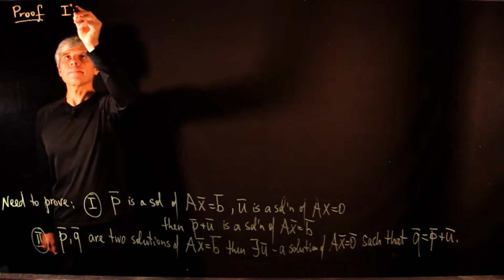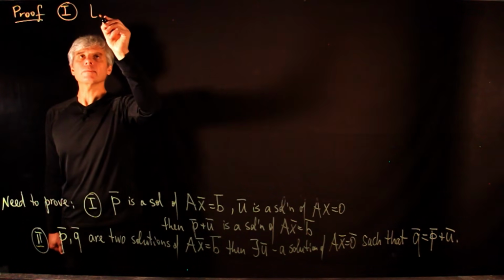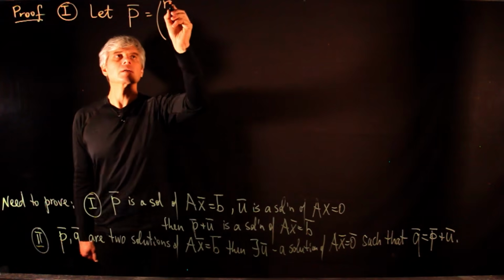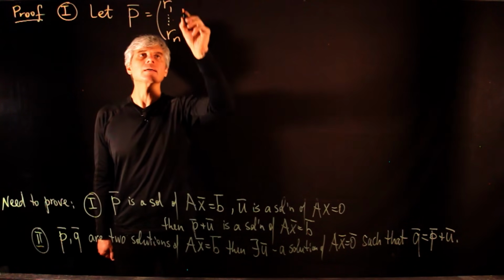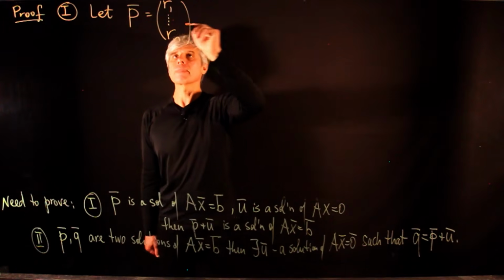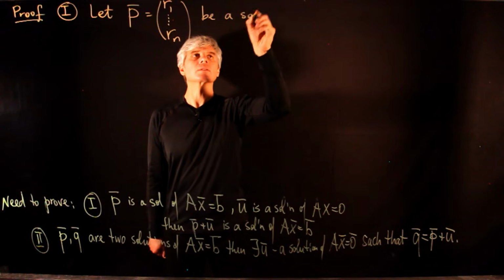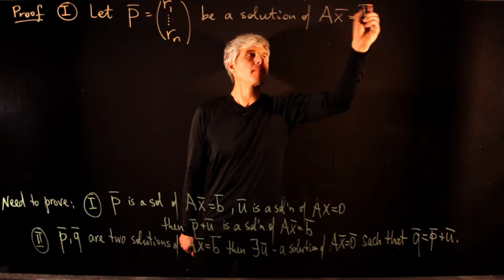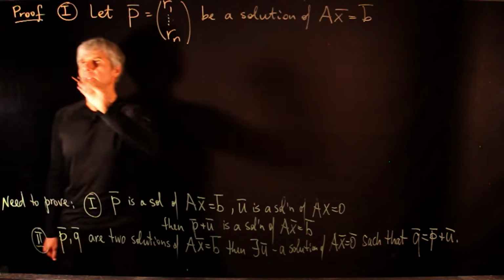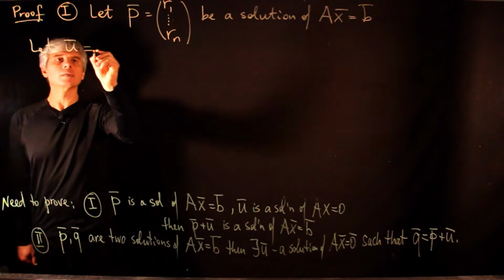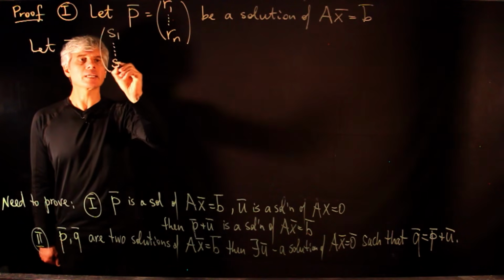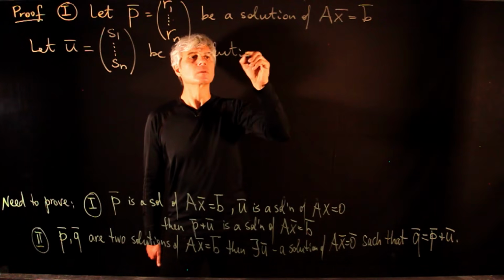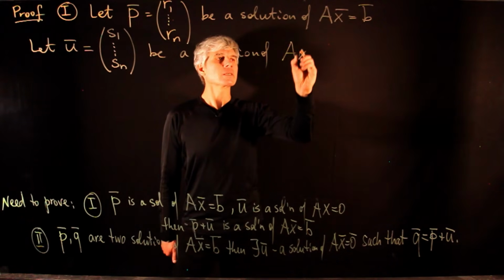So for part 1, we let P be the vector R1 through Rn, and let this be a solution of AX equals B. And let U be S1 through Sn, a solution of AX equals 0.